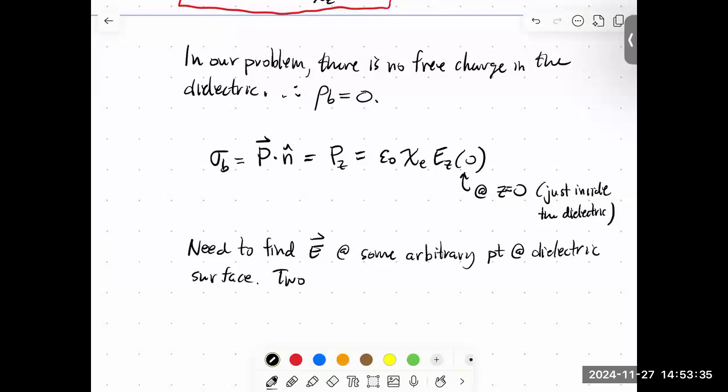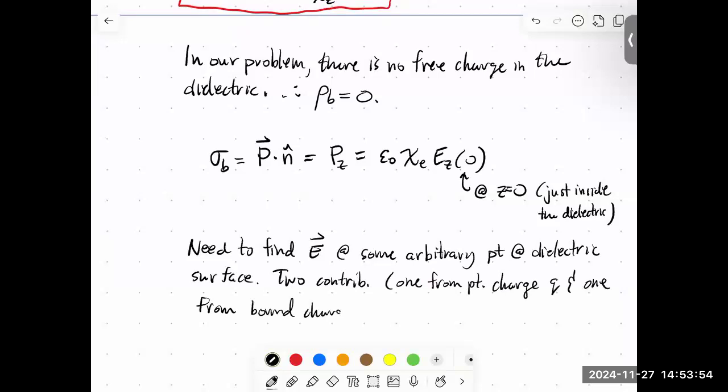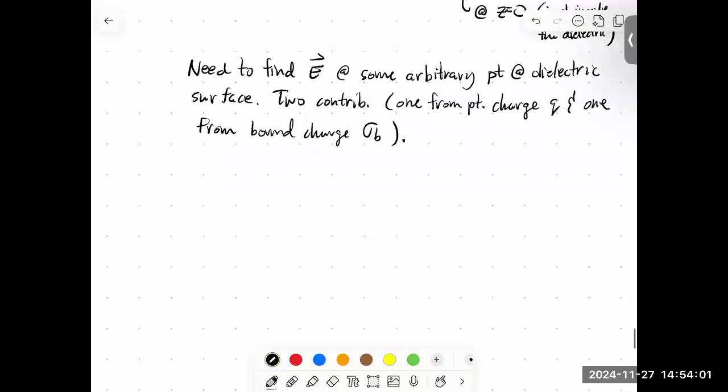There are two contributions: one from the point charge Q, and one from the bound charge, sigma B. All right, so we'll start with the contribution from Q.